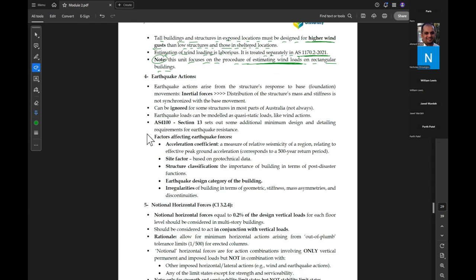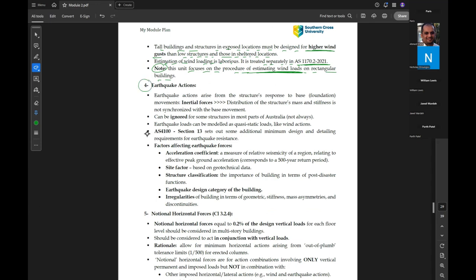Other lateral forces we might have are earthquakes, which are covered by AS 1170.4, but this is not our focus in this course, and also in Australia it is not common to design for earthquakes.